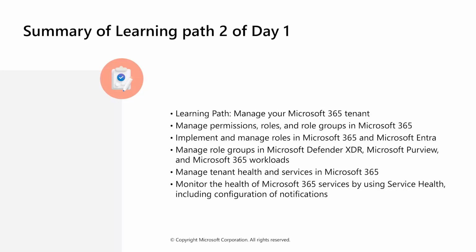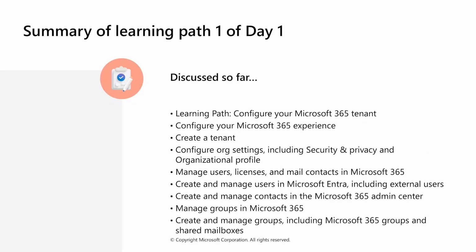Now let's summarize the entire topics which we have covered today. So returning back to this, the summary of learning path 1 of your day 1. So guys, before I show you more demonstration, I would like everyone to mentally connect the dots.